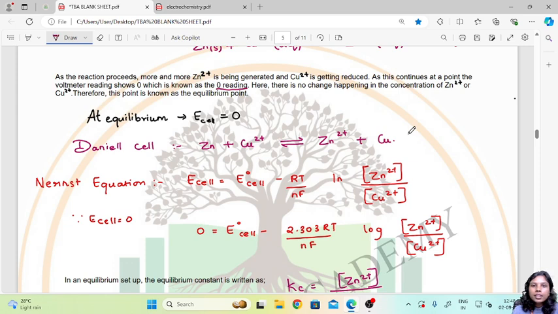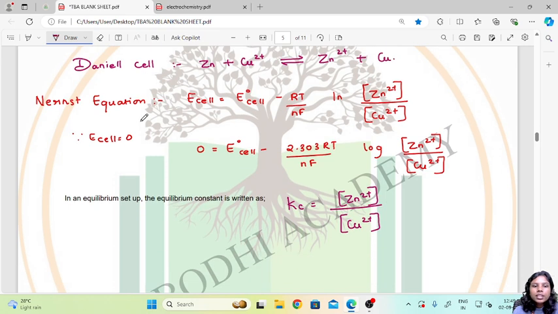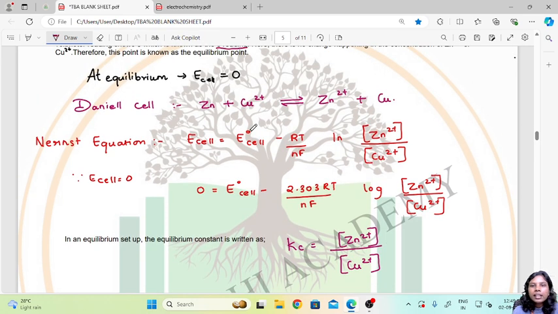So in this case at equilibrium, E cell, that is the electrode potential, will be equal to 0. So in Daniell cell, we have added the equilibrium sign: Zn plus Cu2+ gives Zn2+ plus Cu. The Nernst equation we already know, E cell equals E naught cell minus RT/nF ln of Zn2+ upon Cu2+.